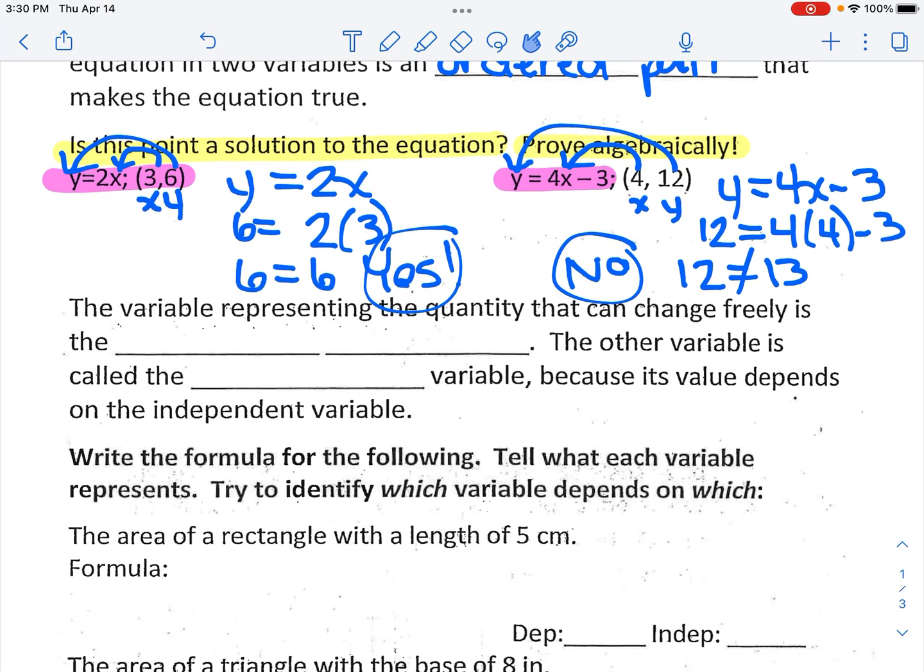The variable representing the quantity that can change freely is the independent variable.